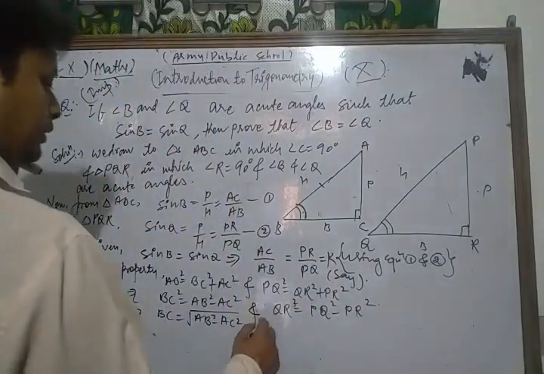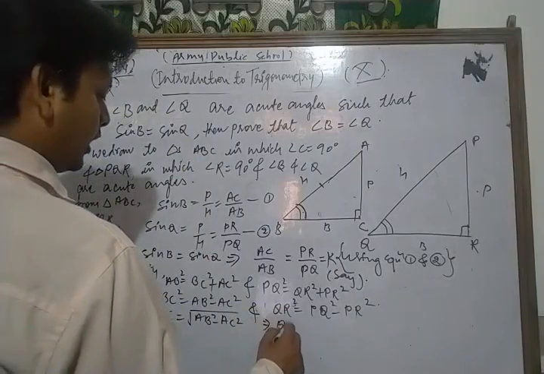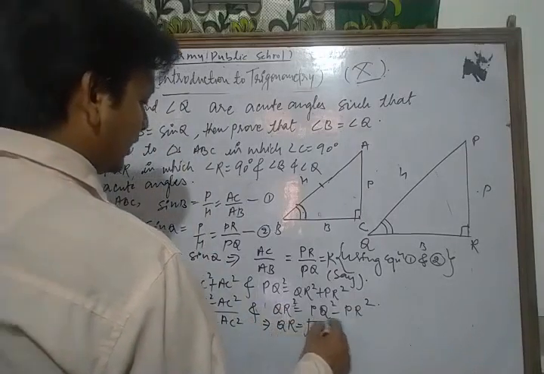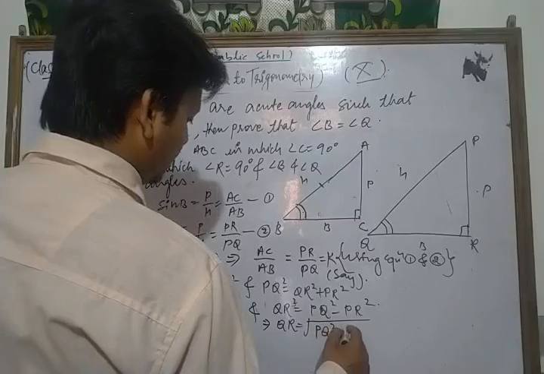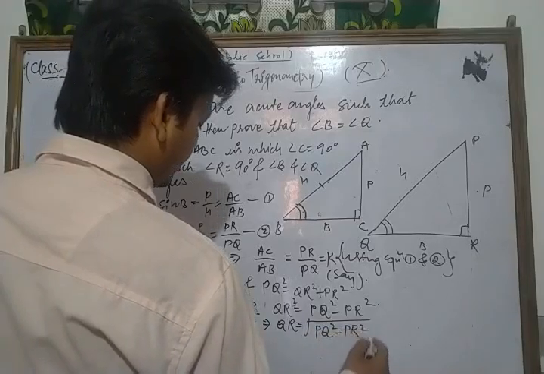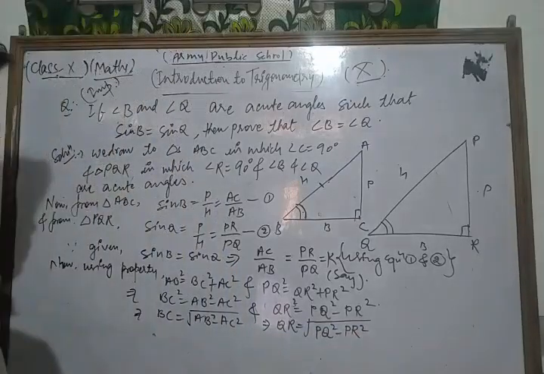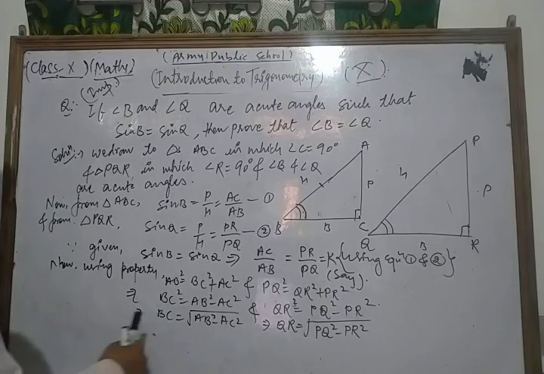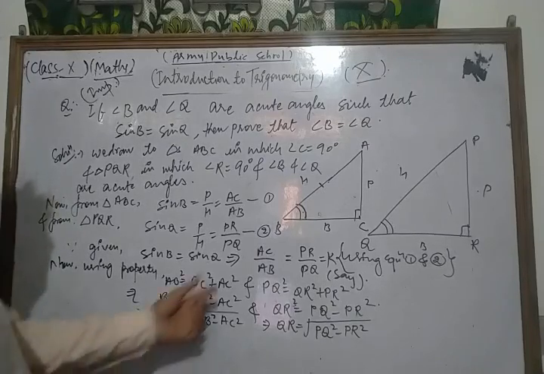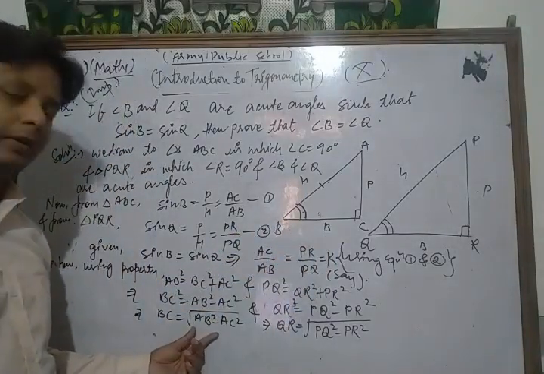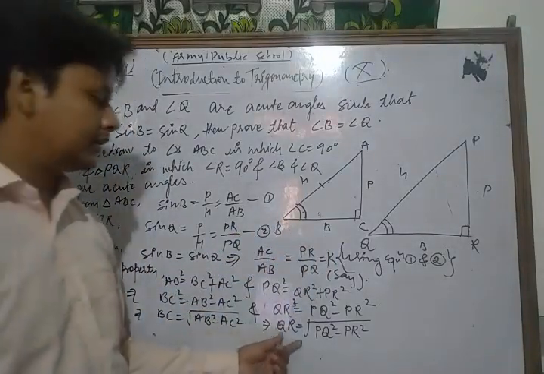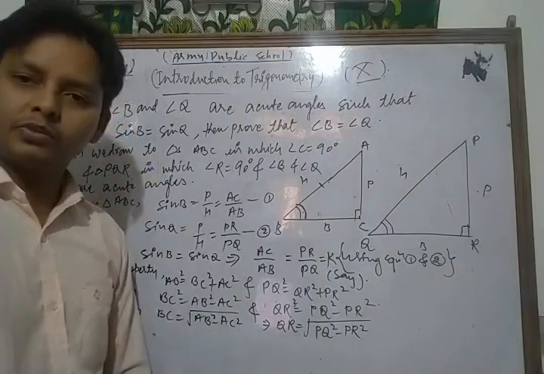So if we remove the square, we get the square root of PQ square minus PR square. So in this way we find the value of side BC, which is square root of AB square minus AC square, as well as side QR, which is square root of PQ square minus PR square.